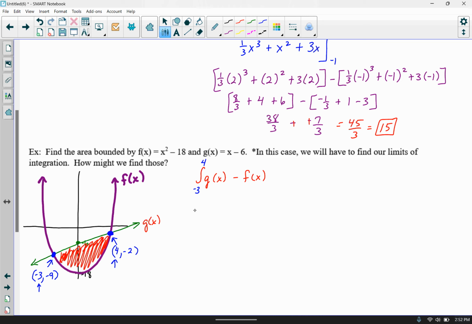All right, so I'm going to plug in now the integral from -3 to 4, plug in my g function, so I have x minus 6 minus the x squared minus 18. So let's see, I distribute my negative through, so I get x minus 6 minus x squared plus 18.